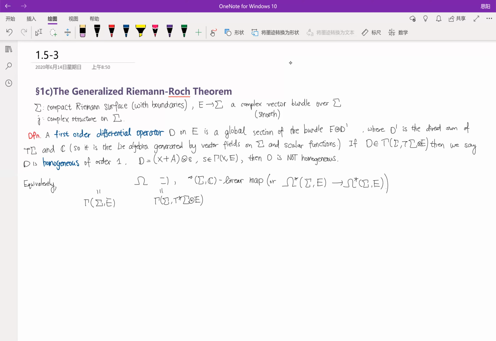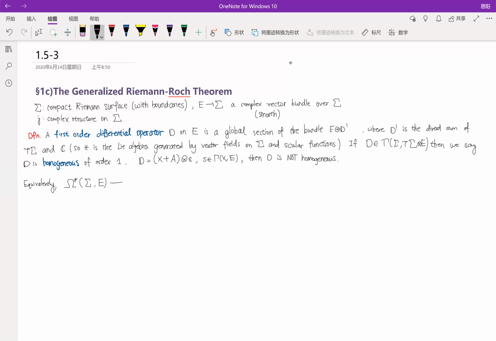So equivalently, it is the total differential form from E that is a C infinity linear map.